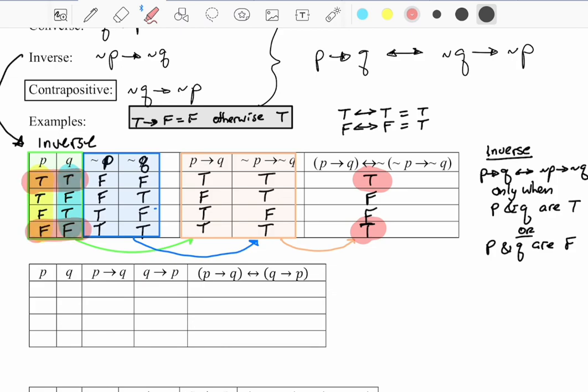All right. So, I don't want to go back to the shoes and socks examples, but it's the bread and butter. It makes it easier. So if I say, if I'm wearing shoes, then I'm wearing socks, that would be equivalent to if I am not wearing shoes, then I am not wearing socks, only if it's true that I'm wearing shoes, true that I'm wearing socks, or false that I'm wearing shoes, false that I'm wearing socks.